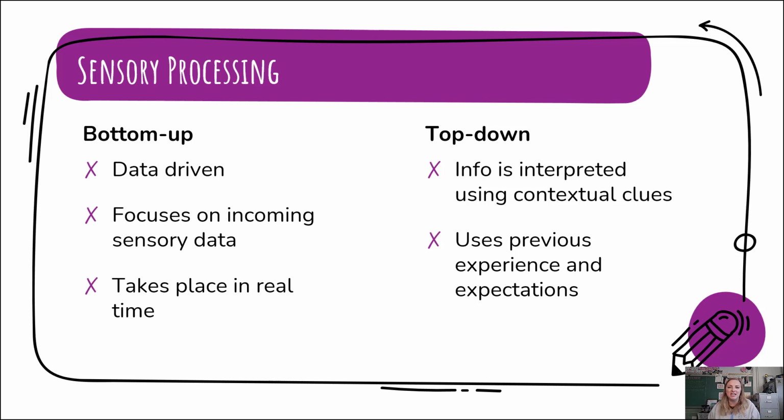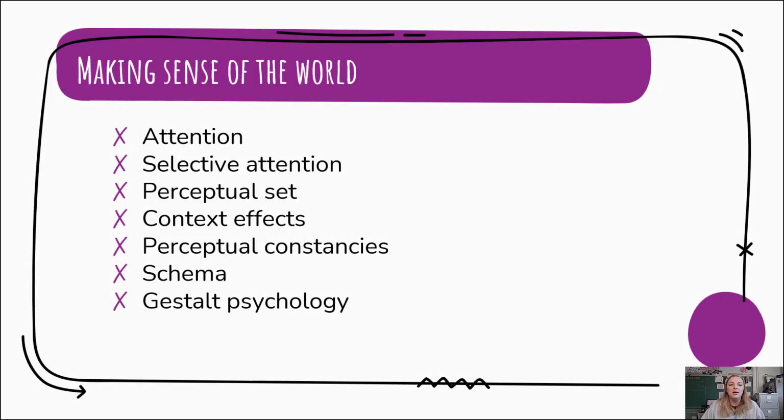The rest of the video is really going to be talking about different examples of top-down processing that we use to make sense of the world. So some examples we're going to give are attention and selective attention, perceptual set, context effects, perceptual constancies, schema, and gestalt psychology. And we are going to talk about these separately from one another as we go through this video.